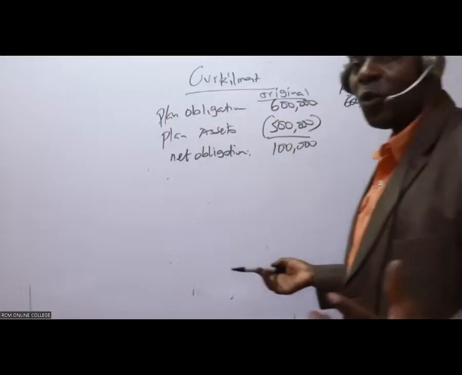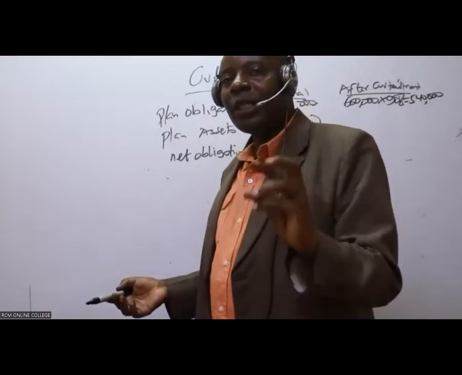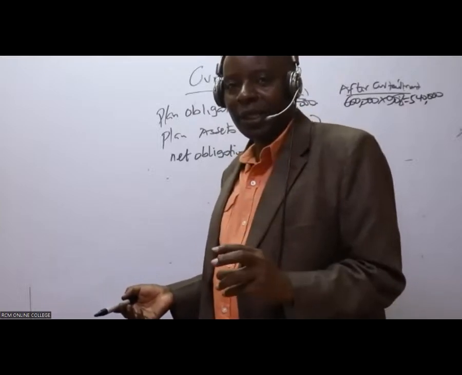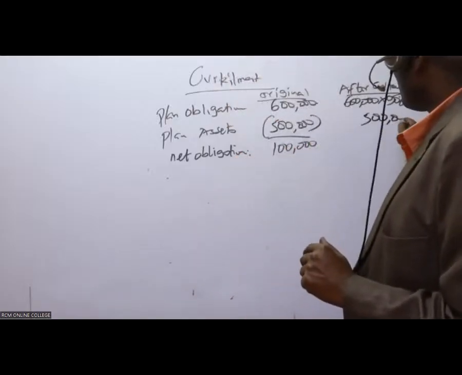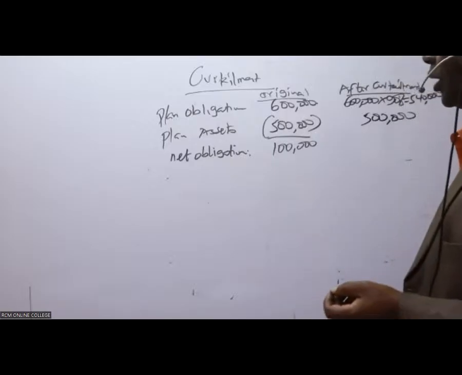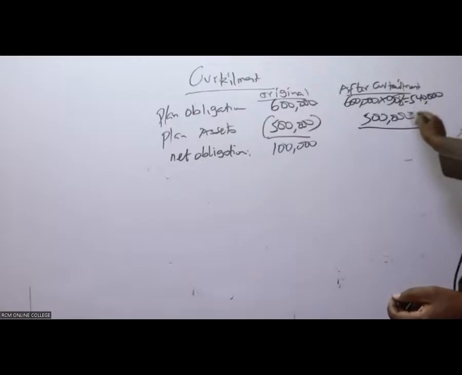Remember, assets were not being affected. It's only the obligation that has reduced upon curtailment. So the assets are going to remain the same, 500,000. So the new net obligation will be 40,000.